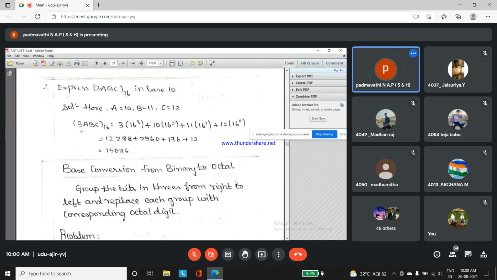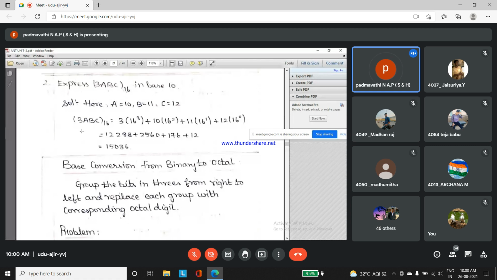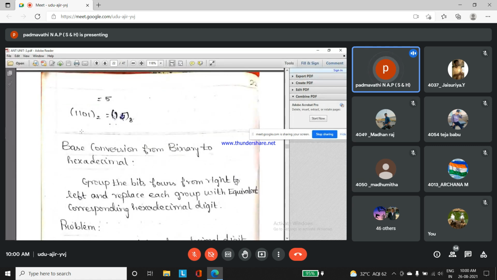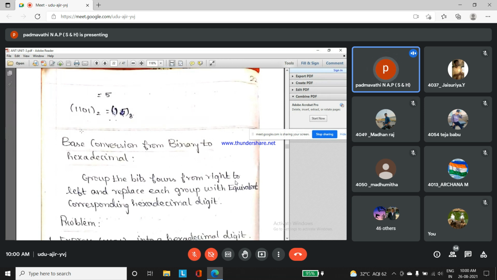Then we saw the base conversion from binary to octal. For conversion from binary to octal, first form groups of bits in threes from right to left. The next is the base conversion from binary to hexadecimal, which is nothing but grouping the bits in fours from right to left.